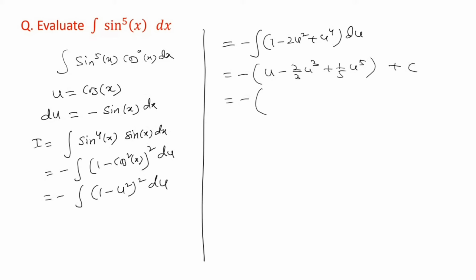Substitute back u, which is cosine x: minus cosine x minus 2 over 3 cosine cubed x plus 1 over 5 cosine to the power 5 x plus c.